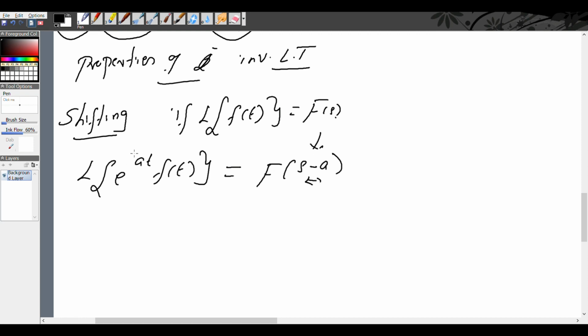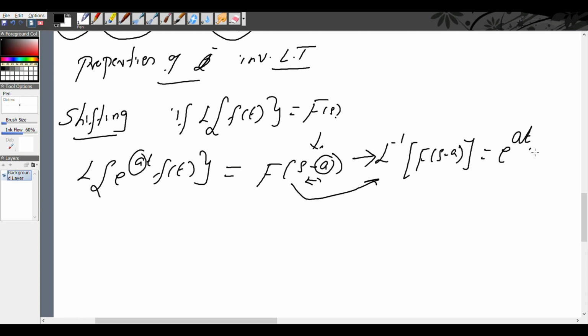But in inverse Laplace transform, the inverse Laplace transform of F of s minus a is equal to e power at into f of t. So this is the shifting property in inverse Laplace transform.